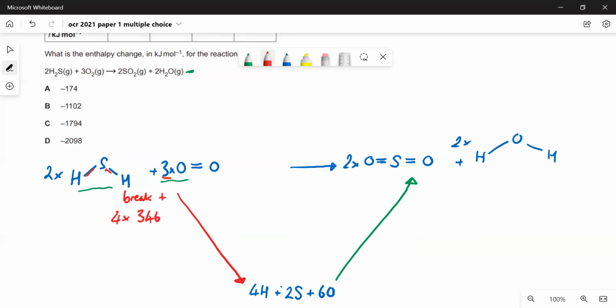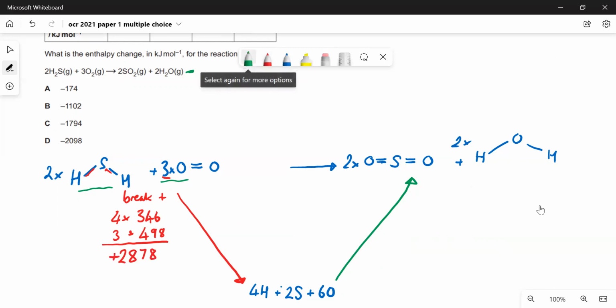And we're breaking 3 oxygen-oxygen double bonds, and they have a value of 498. Let's add all that lot up together. You get 2,878, and that's going to be a positive number. We're breaking the bonds, endothermic.